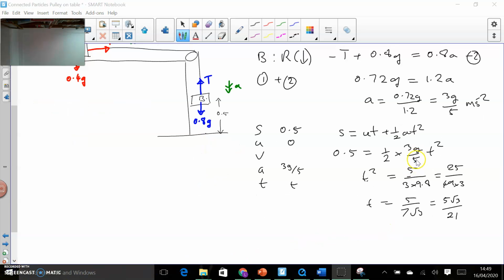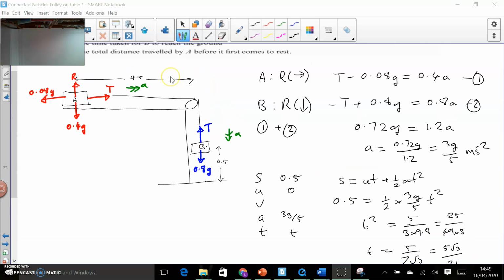So t squared would be 5 over 3 times 9.8, substituting g as 9.8, which is 25 over 49 times 3. Work that out. 9.8 is 49 over 5. And then we can take the square root, we get 5 root 3 over 21. So that's the time taken.